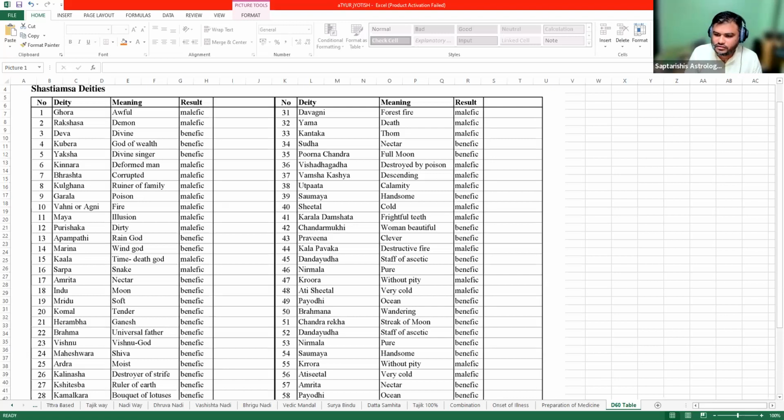So the whole key of this session is to identify the Krura Shashtiamsha, then identify the planet in your D1 chart and see whether that afflicted planet is also falling in Krura Amsha. If yes, then you have a double surety that you are going to face health trouble regarding that particular planet and house. This is for sure.